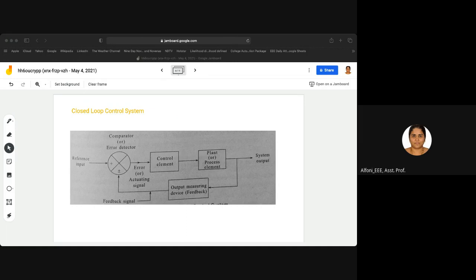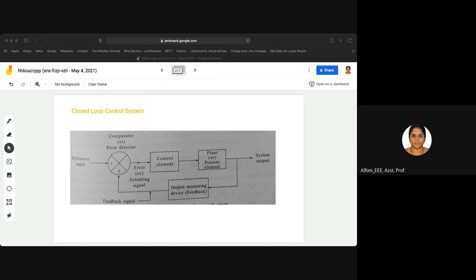Now these operations can be performed by output measuring devices. You can see here the feedback, which is an output measuring device, along with comparators or a controller or a system plant. The measuring device generates a signal proportional to the actual system output. This signal is compared with the reference input and an error is generated.